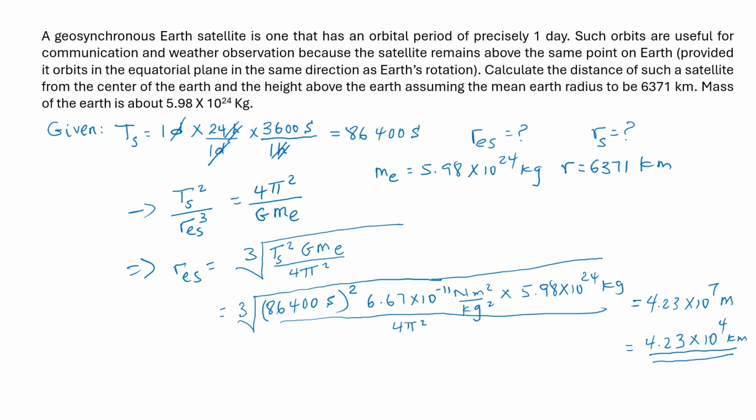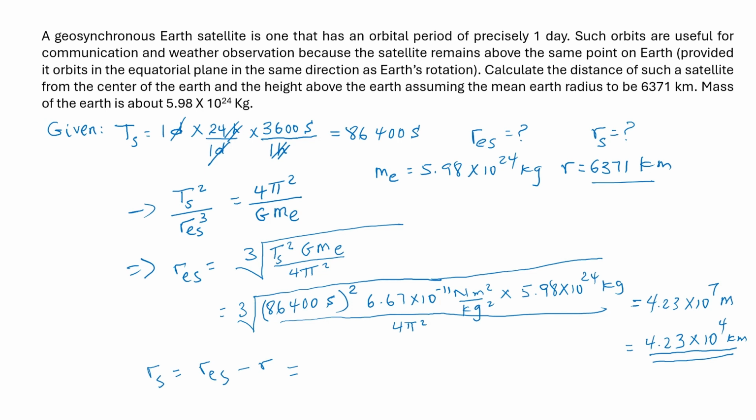Now what about the distance from the surface of the Earth? Let's just call it R_S. That must be equal to the distance from the center of the Earth to the satellite minus the radius of the Earth, which is given to be 6,371.